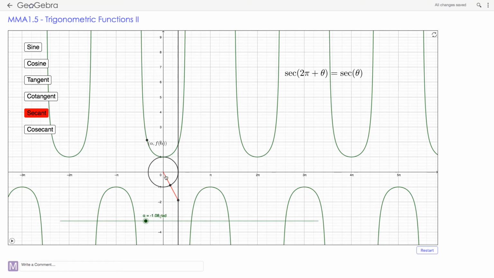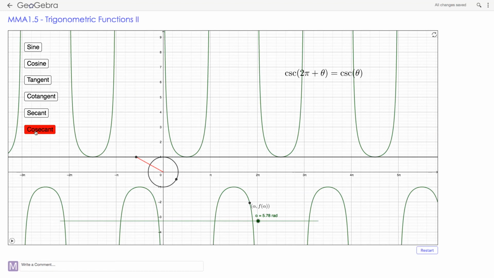Because this line here will always have length at least 1. So this is the graph of the function that depicts the length of this line as a function of the angle. And similarly for the cosecant, it's just a shifted version of the secant, and it looks like this.